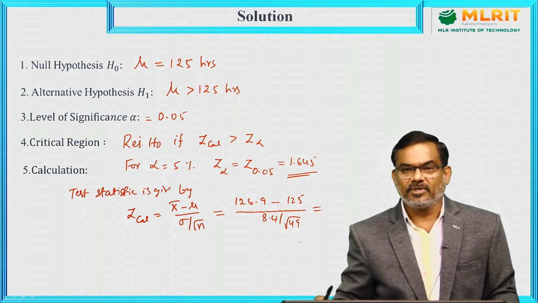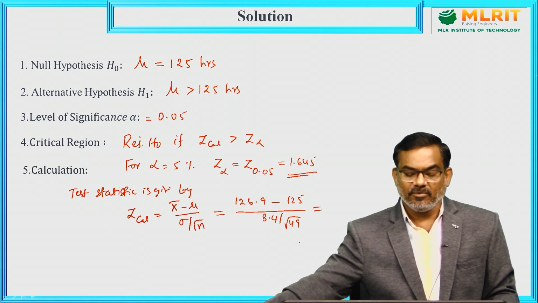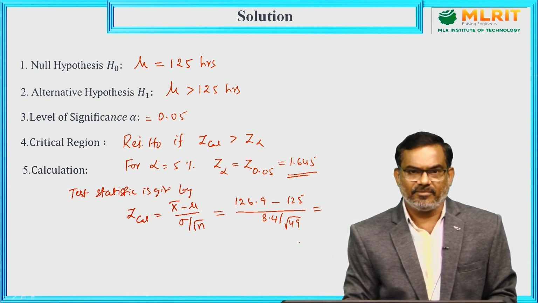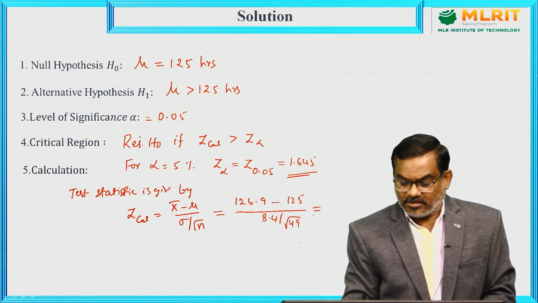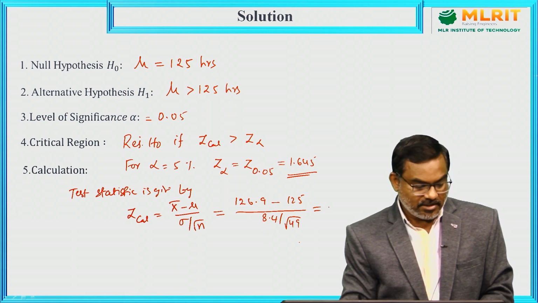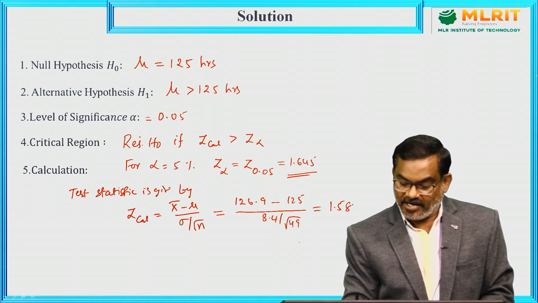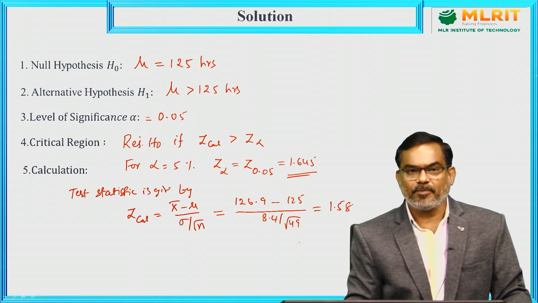Now, we need to calculate this value and finally, we compare this value with the tabular value and we take the final decision. Okay. So, after substituting these values, this will be 1.58. So, the calculated value of Z is 1.58.